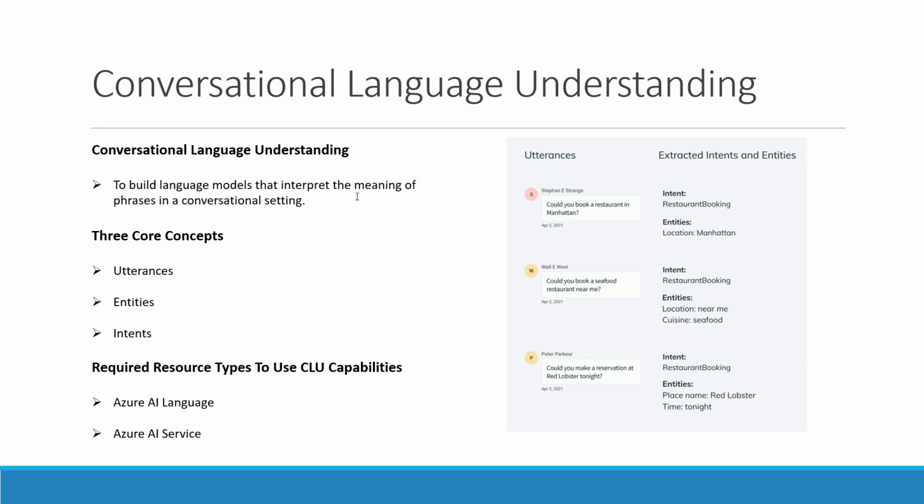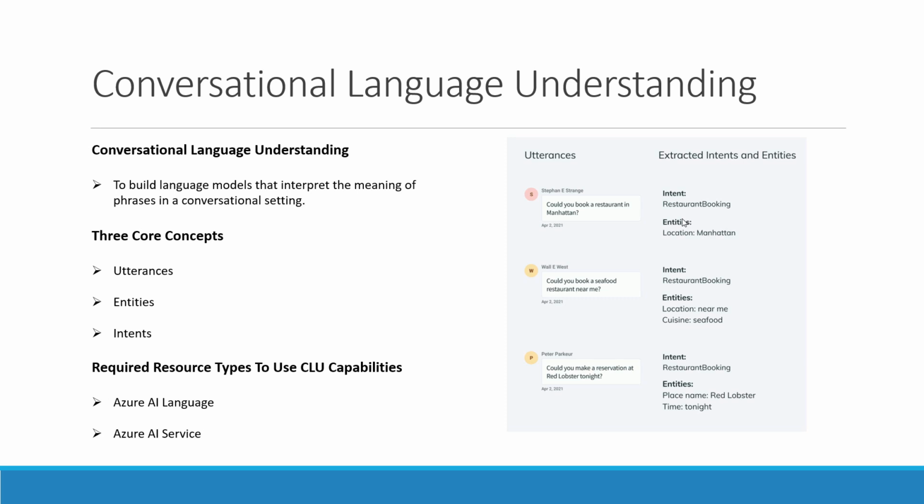So what is intent here? Intent represents the purpose or goal expressed in the user's input, in other words the utterance. If you take the first example, restaurant in Manhattan, the user is looking for a restaurant booking. That is the goal, that's the purpose, so that is the intent. So what is an entity then?